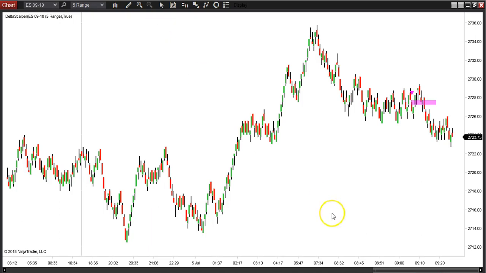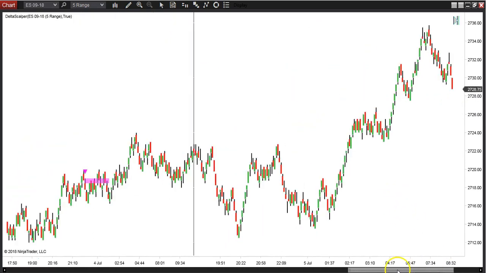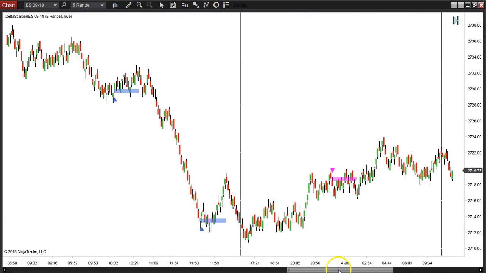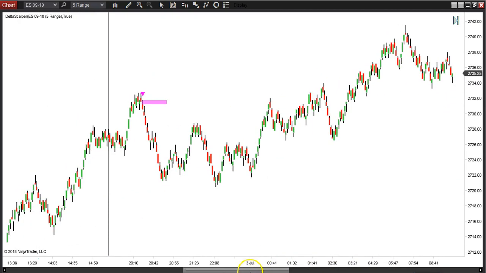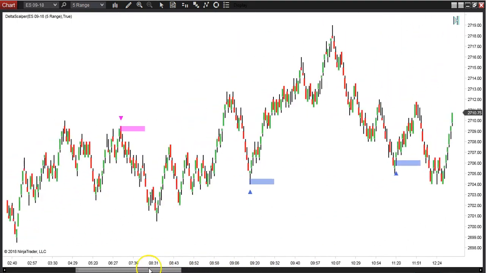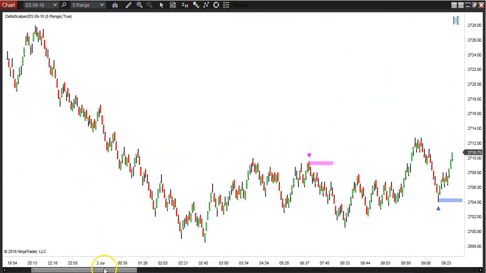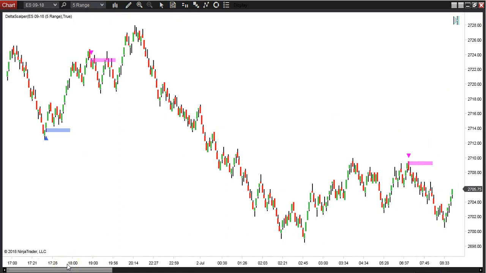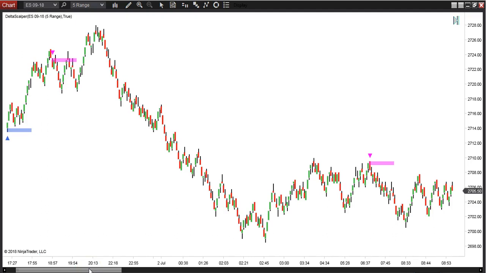It depends on you. You have to trade the chart type that you're comfortable with. Like in here, it just sort of went sideways. Again, this is with the delta strength set at 2, so you see a lot less signals. You only see a handful of signals. This data is only going back to July 1st, though.